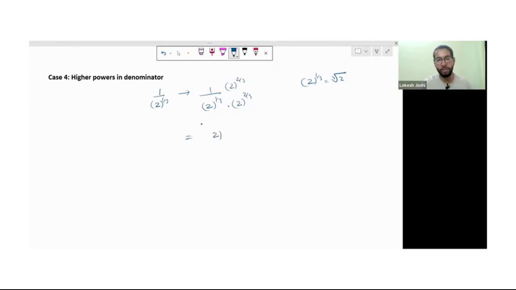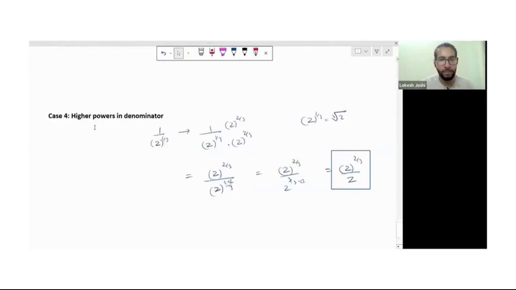Now the numerator will be 2 to the power 2 by 3 as it is, and in the denominator we will add the powers: 2 to the power 1 plus 2 by 3, which is equal to 2 to the power 3 by 3, which is 2 to the power 1. So we got 2 to the power 2 by 3 divided by 2. Okay, that's the way we can solve these types of questions.